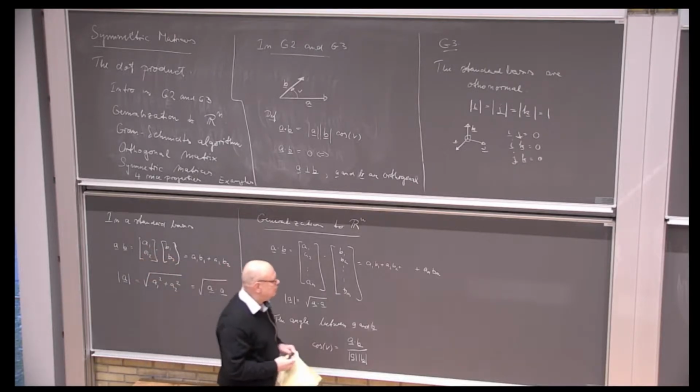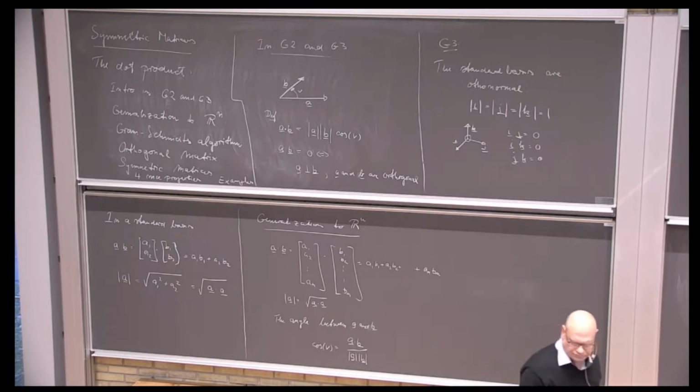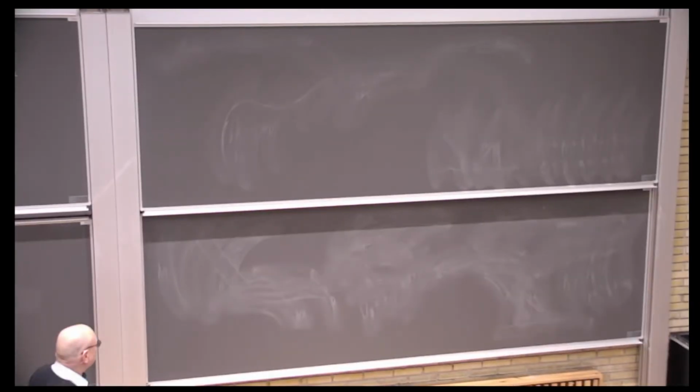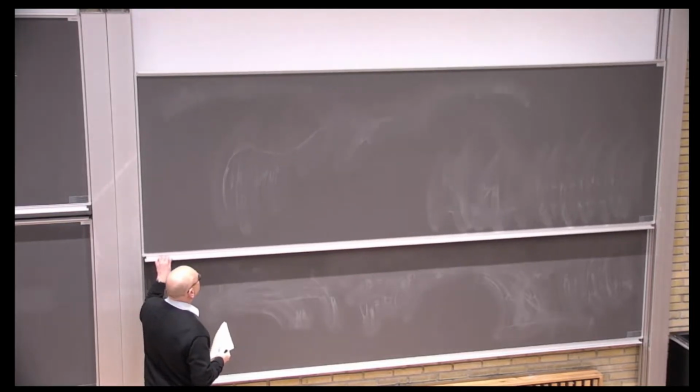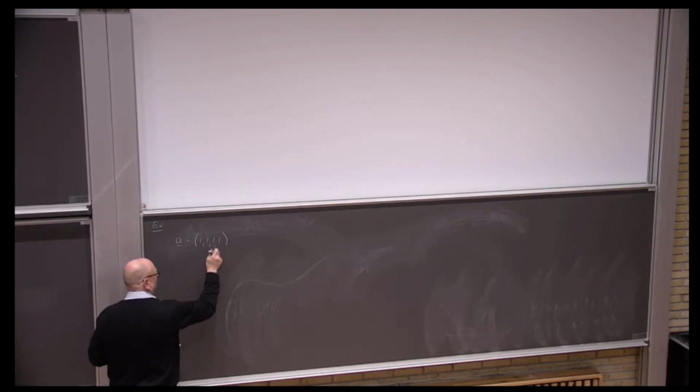So let me compute an example. I take as the example the vector 1, 1, 1, 1, and then the vector 1, 0, 1, 0. And I will compute the length of this vector.